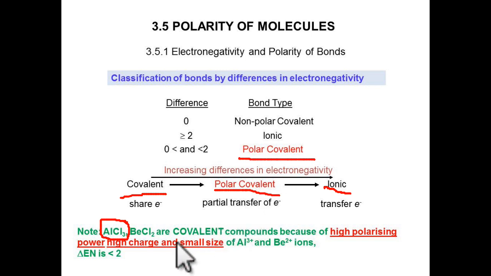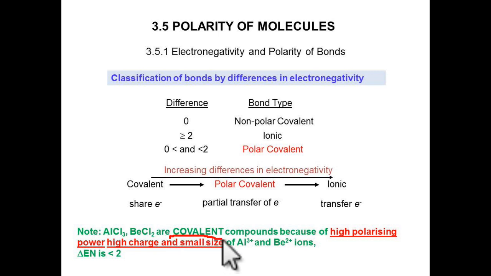That's why it's sharing electrons as a covalent compound, because of the high polarizing power, high charge, and small size. Those are a few exceptional cases. Please take notes, guys. Aluminium chloride, barium chloride are covalent bonds. It is not an ionic bond.